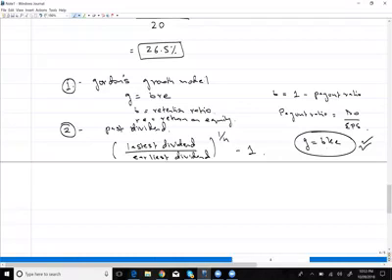Then we have the past dividend model, the historical growth model, where you use the formula latest dividend over earliest dividend to the power 1 over n minus 1.